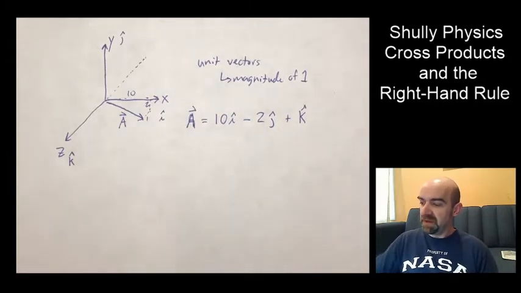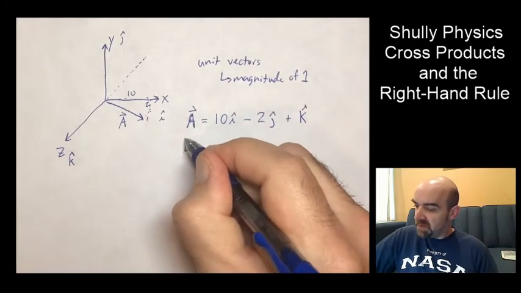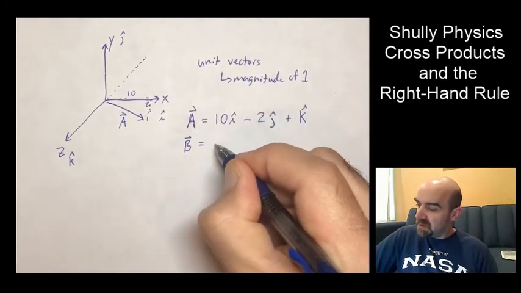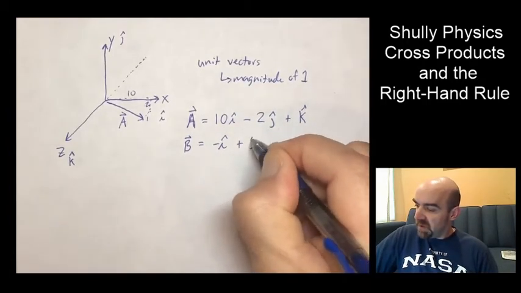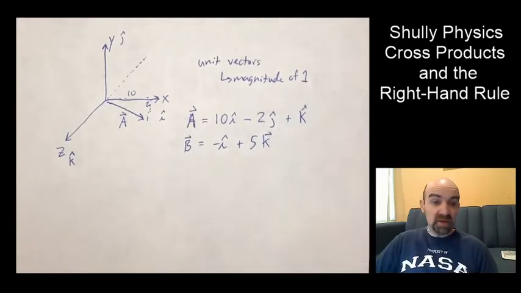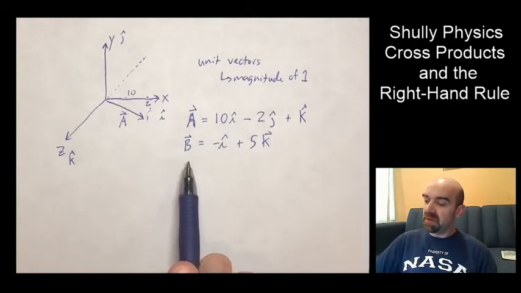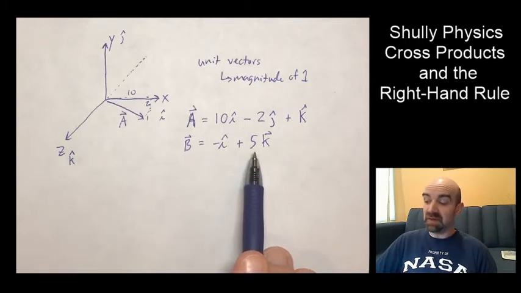All right. So if we have a second vector, B, and I'll give it a negative I plus 5k, we now have two vectors, and they each have their own unit vectors. Vector B is in the direction of the negative x and positive z axis.